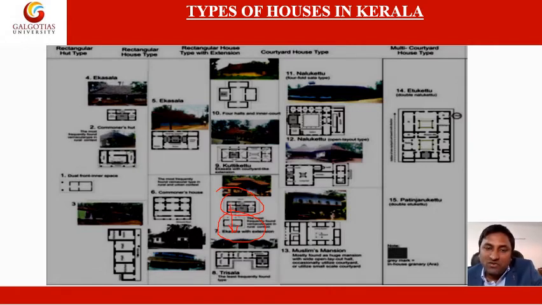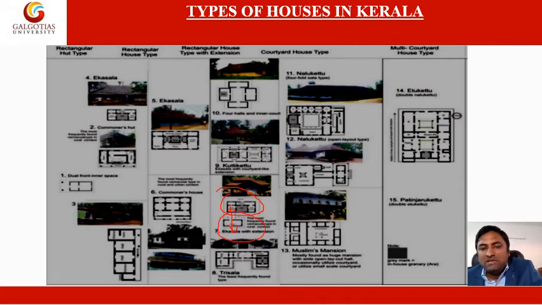Nalukettu is of various types, fourfold, open layout, and other hall. The courtyard house is seen later, after the 12th century. There were also some Muslim mansions which follow some courtyard rule, but they are not Nalukettu type, because Nalukettu consists of the puja room and other things which are directly associated or aligned to Hindu customs.